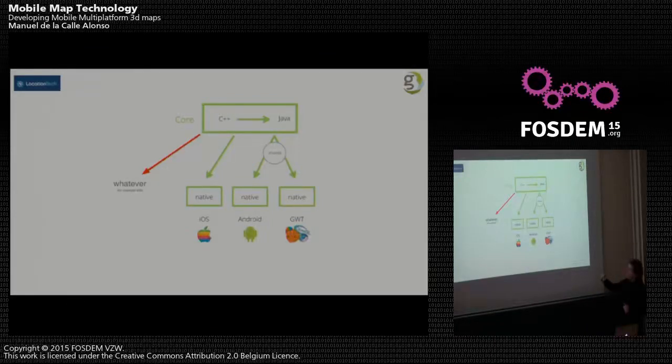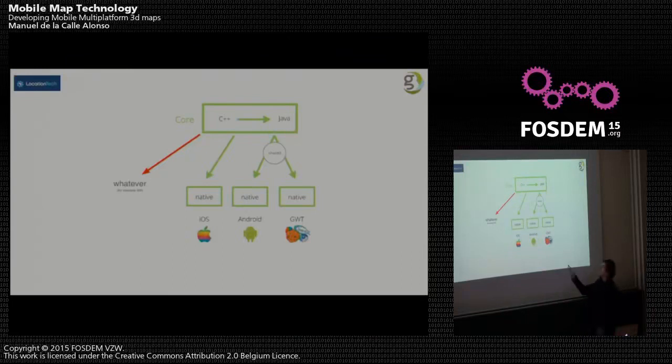And we make another code translation with Java GWT, and we reach all the web devices. At the end of the day, we have an iOS API, an Android API, and a GWT API. When you start an application, you can share a lot of code.